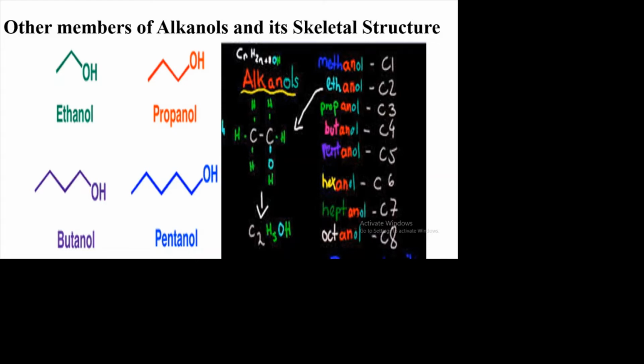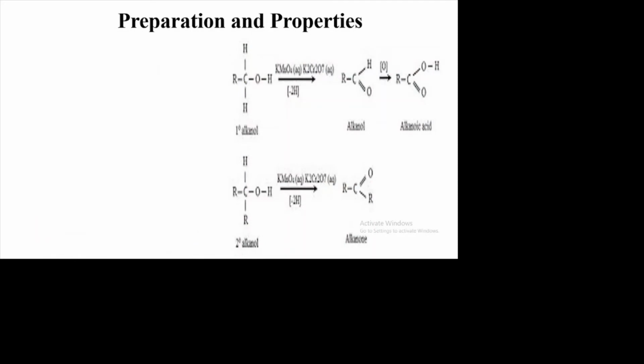So these are the other members of alkanols: ethanol, propanol, butanol, pentanol, hexanol, heptanol. So every member of alkanols would definitely be identified by ol. So you always name it after ol. That's alkanols, methanol, butanol.